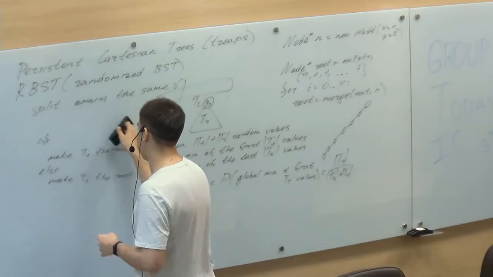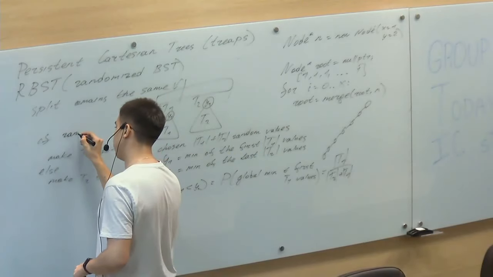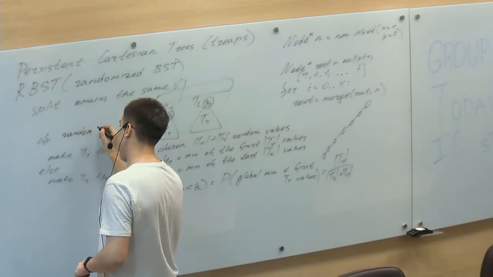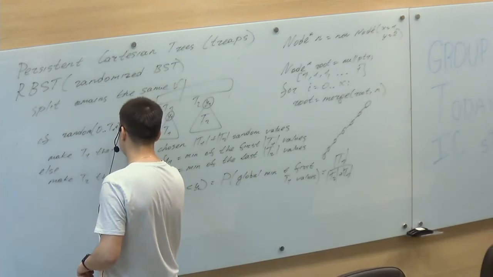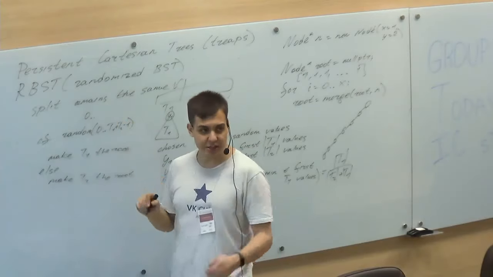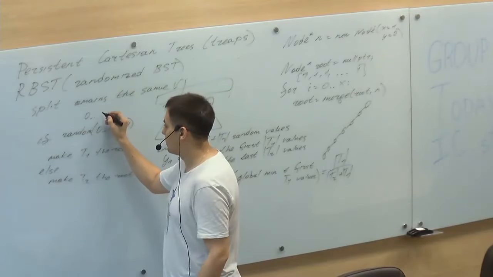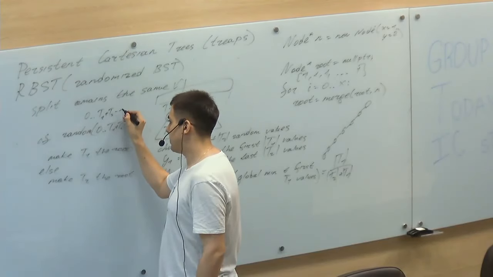So we can rewrite it like this. We choose an integer value randomly from 0 to T1 plus T2 minus 1.